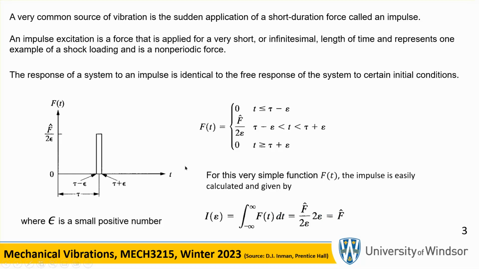So the area under that force function, this is a very weird force function. It's a simple one, but it's a very weird one the way it's defined. The area under that force function is essentially the area of that vertical rectangle, which is going to be f hat. Okay?